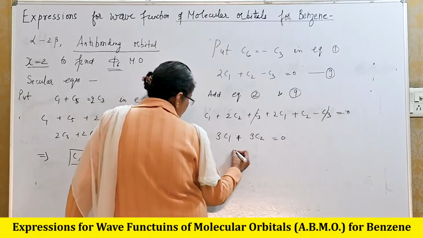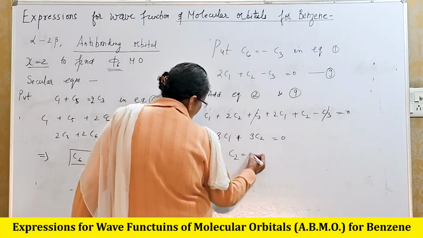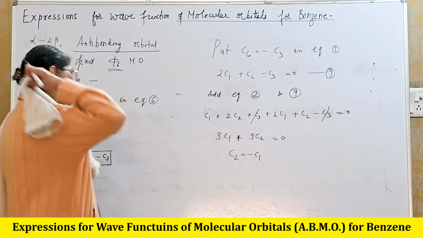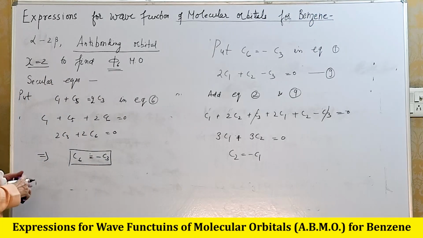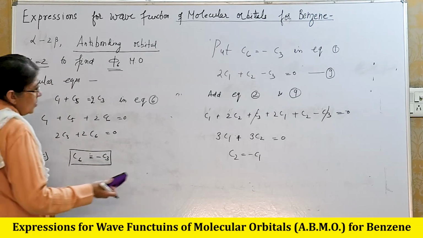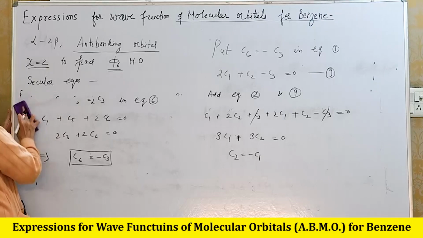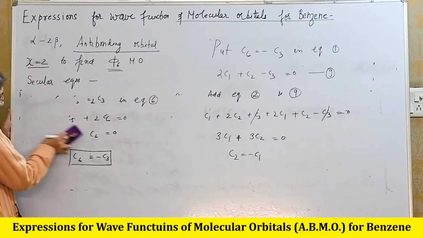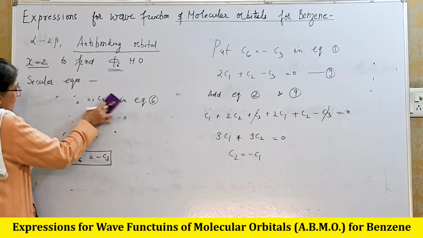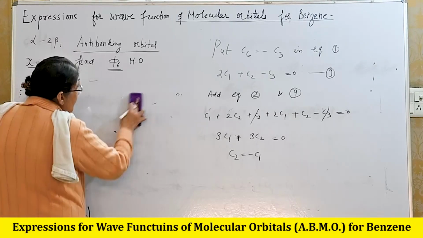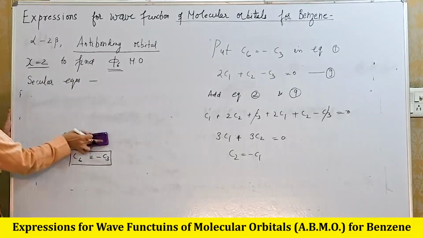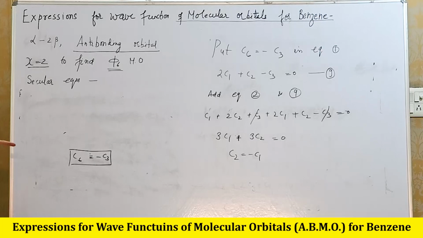Therefore C2 is equal to minus C1. So we have taken C2 in terms of C1. Now we have got two relationships, that C2 is minus C1 and C6 is minus C3.